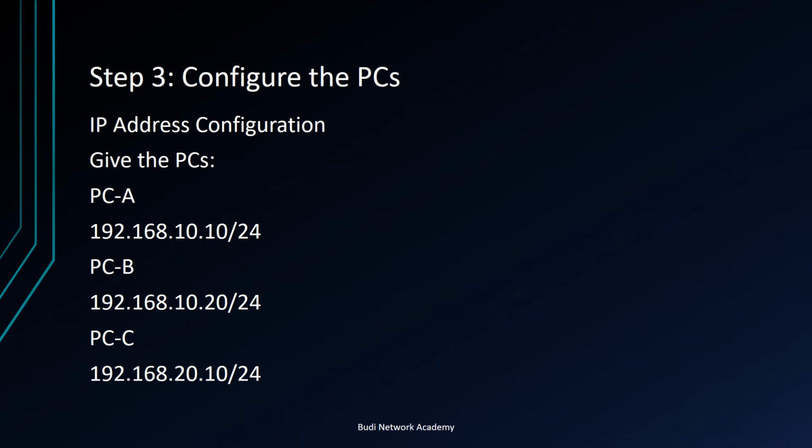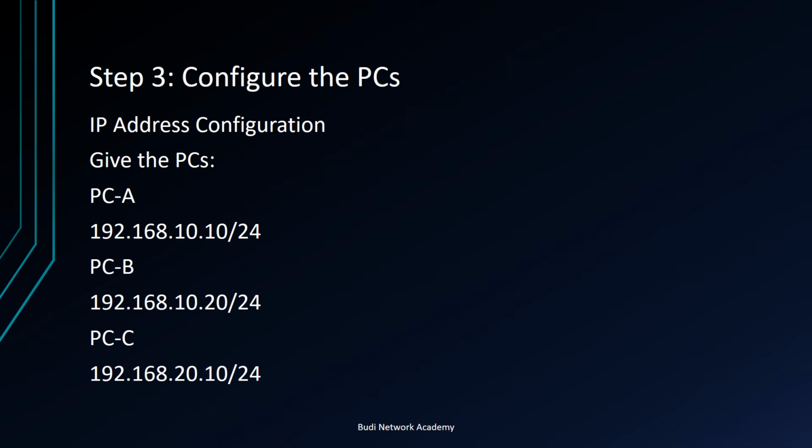Our switch configuration is ready. Now we need to configure the IP addresses on our computers. PCA will have the IP address 192.168.10.10 with a /24 subnet mask. PCB will have 192.168.10.20, also with a /24 subnet mask.